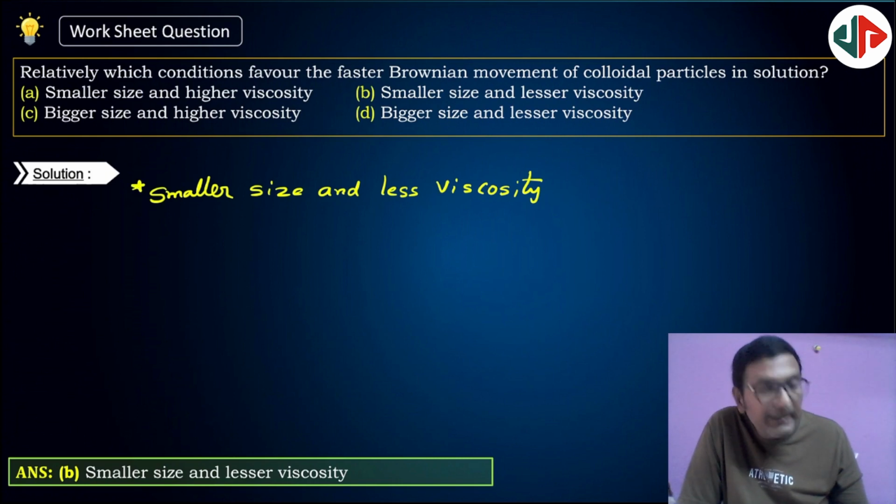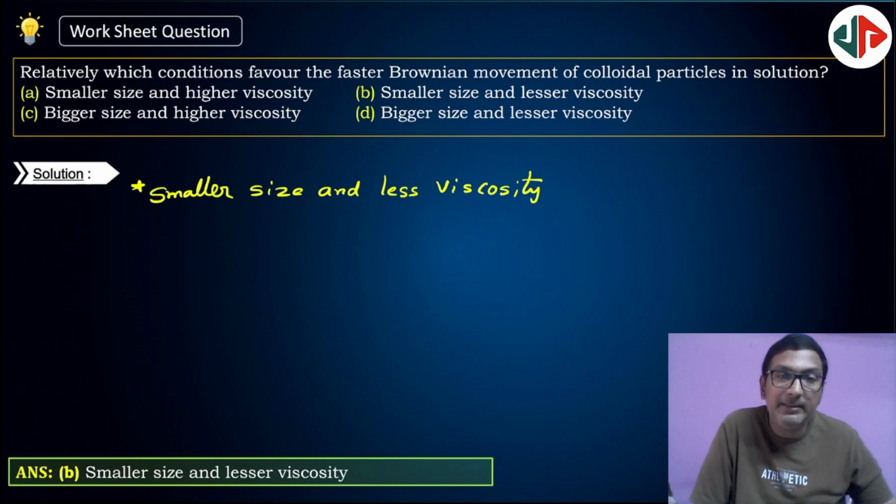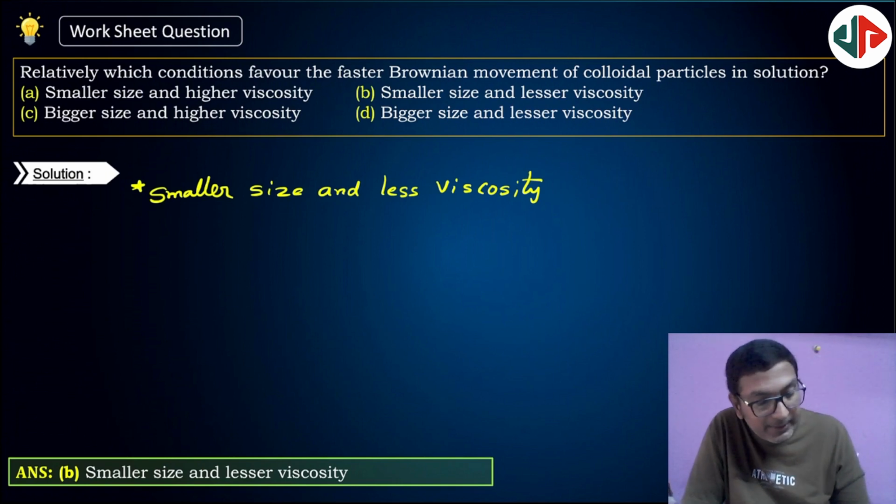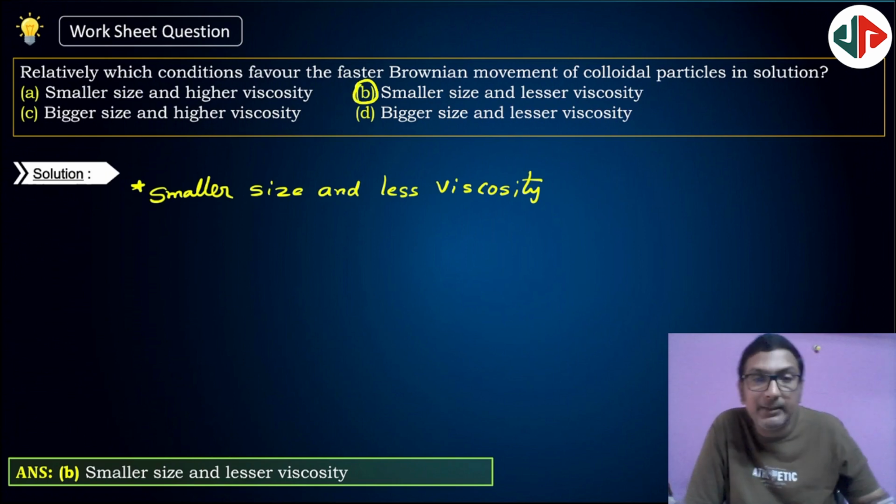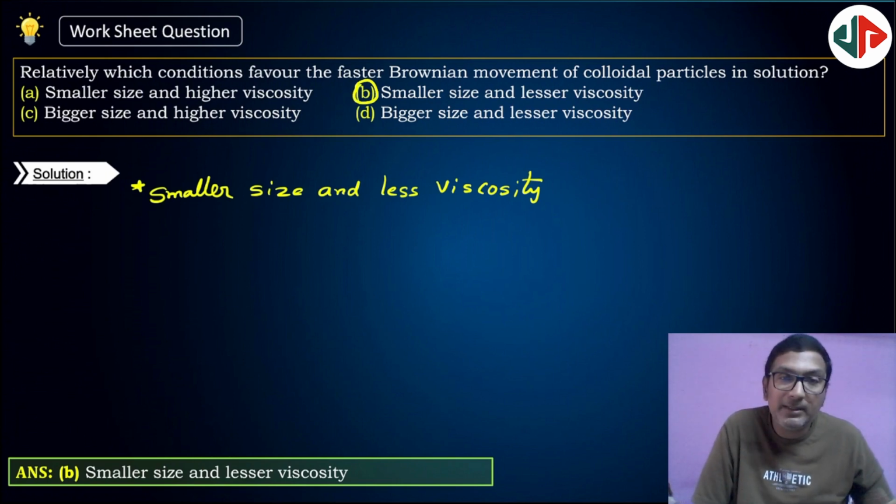If viscosity increases, flow nature decreases. Therefore, less viscosity is required for movement. Smaller size particles will move randomly with higher velocities. Therefore, smaller size and lesser viscosity is required for faster Brownian movement.